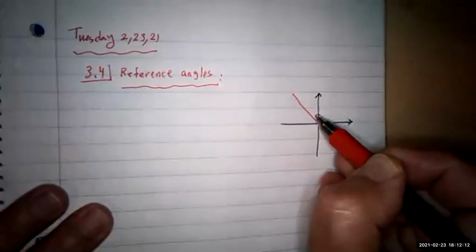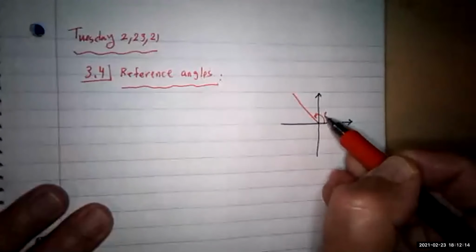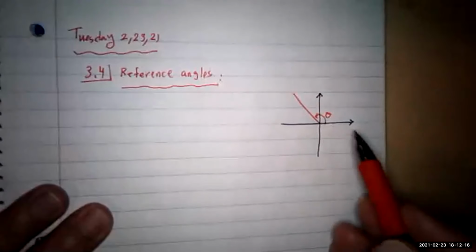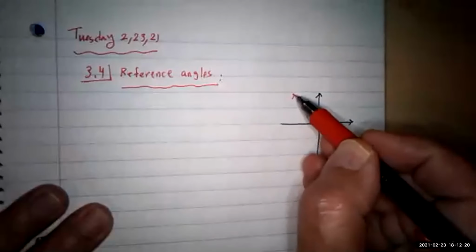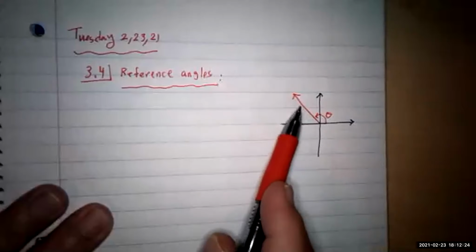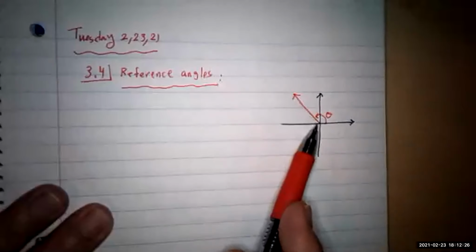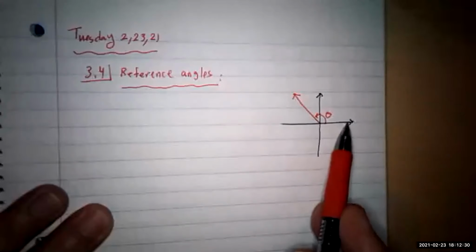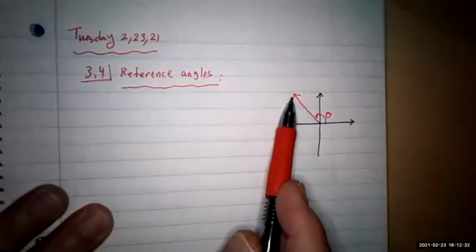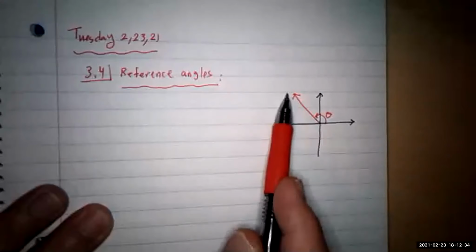Look at this angle. This angle is theta. You know that this is the initial side, and this is the terminal side. The angle is between this positive part of the x-axis and the terminal side. This is an angle, but there is going to be another angle here.